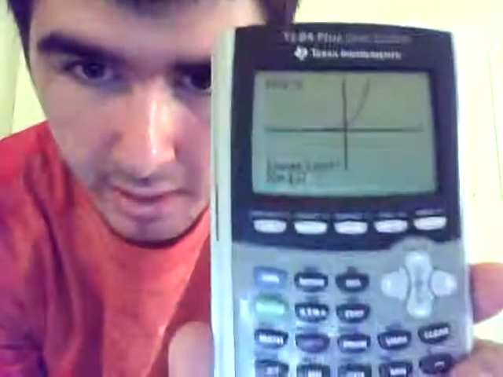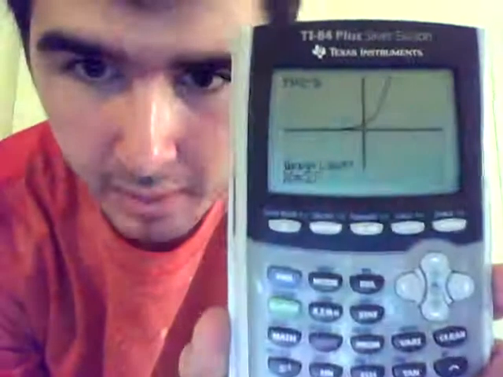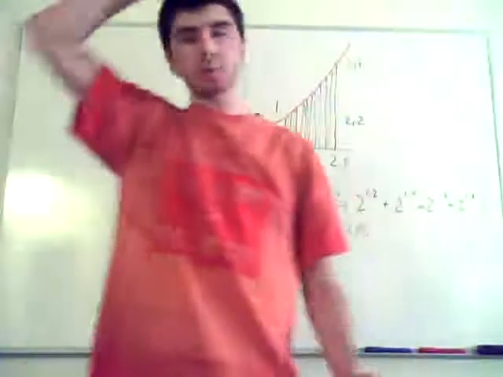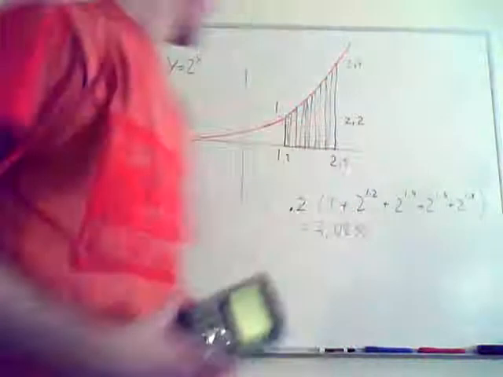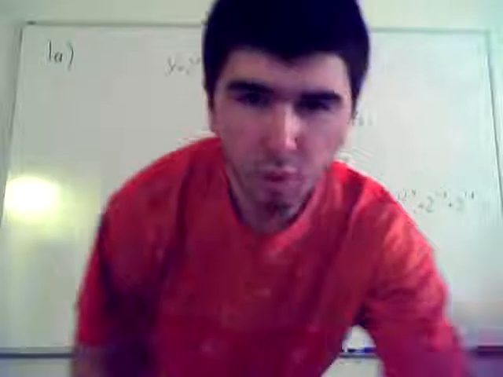My bad. It goes from 1 to 2, so lower limit 1, enter, upper limit 2, enter, and bam, that's your area. Is that easy? Don't tell Miss Wonder I showed you this, she'll get angry. So yeah, that is 1A.